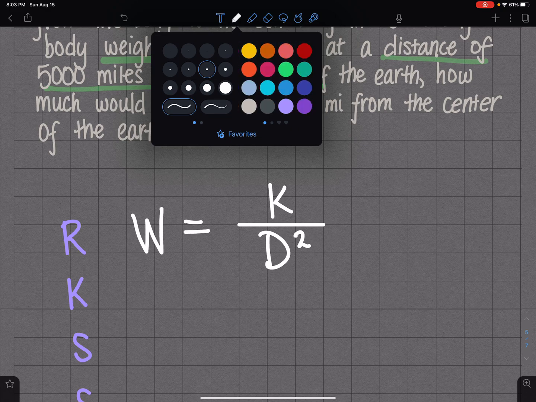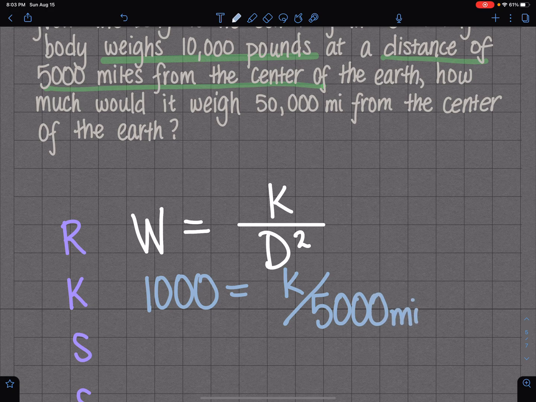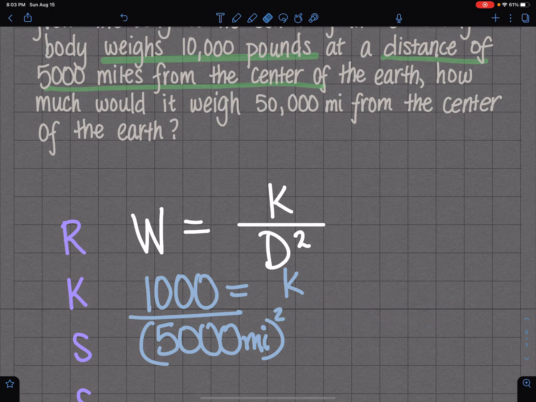It's going to weigh 10,000 pounds equals k over distance squared, 5,000 miles, that whole thing squared. Okay, so then we can divide both sides by 5,000 miles squared. k is equal to 10,000 divided by 5,000 squared.